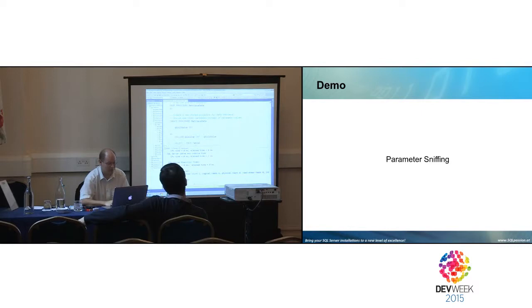So for example, when we go up, and you say, for example, you have a parameter value, you have the same problem. When you submit that query from your client application, in the first step SQL Server compiles an execution plan.